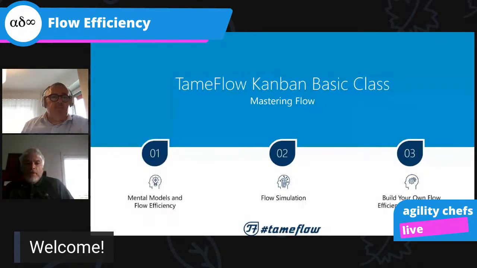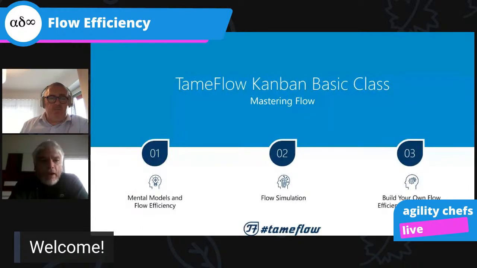Okay. So we have four classes so far with TameFlow. We have mastering flow, mastering throughput, which is never addressed by any Kanban material anywhere else. Then we have throughput accounting, which is also something that is totally ignored in the agile landscape.